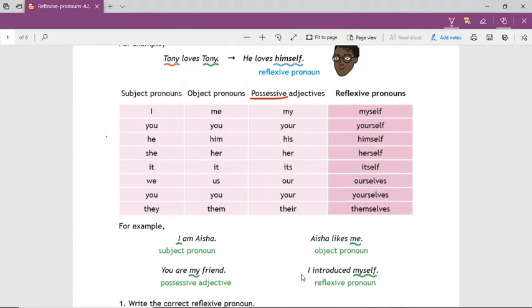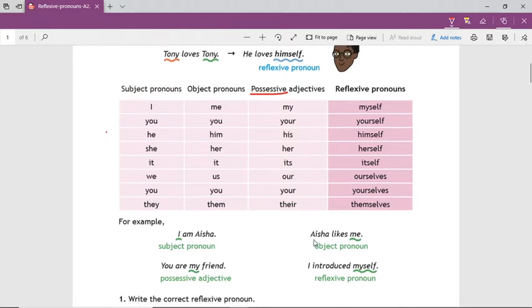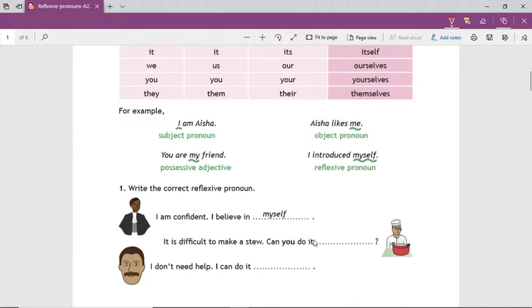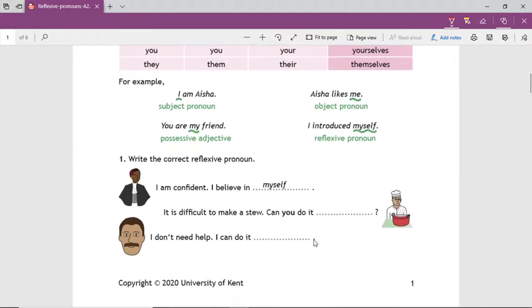So you're talking about the same thing as the beginning of the sentence. That's the distinction here. Whereas in the other sentences you're talking about a person describing another thing that is not related to the original start of the sentence. So the first task, write down the correct reflexive pronoun.